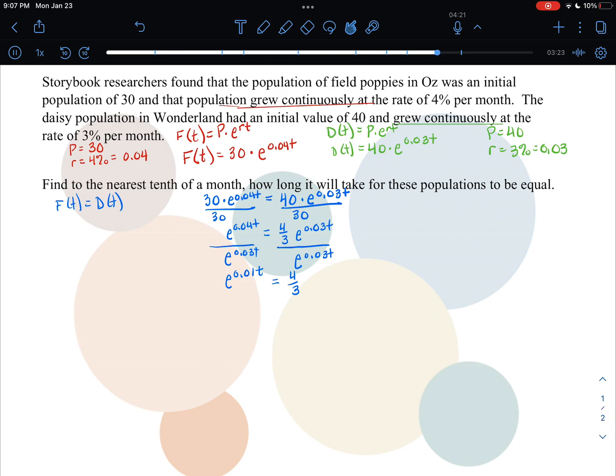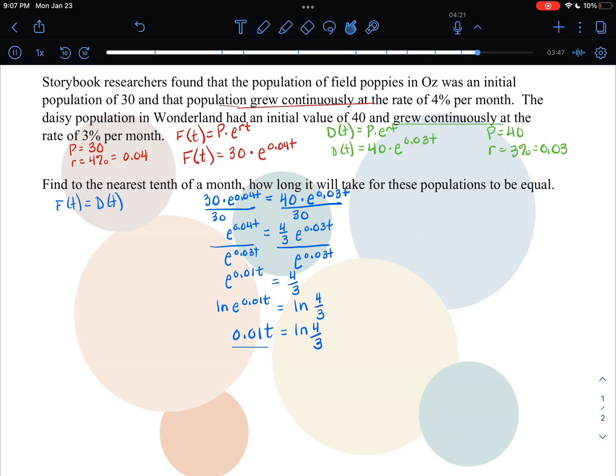I still have a variable in my exponent though, so I'm going to need to take the ln of both sides. The left side just becomes 0.01t, and then that's equal to the ln of 4/3.